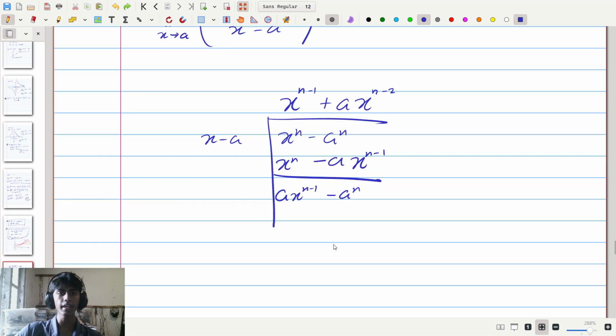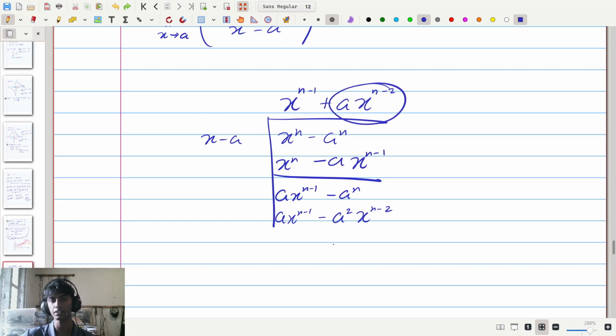So, a x to the n minus 2 times x minus a will give you a x to the n minus 1 minus a times a, which is a squared, times x to the n minus 2. If you cannot see that, just multiply this thing by this thing and subtract it. A x to the n minus 2 times x to the 1 is a x to the n minus 1. And minus a times a x to the n minus 2 is minus a squared times x to the n minus 2, which is this.